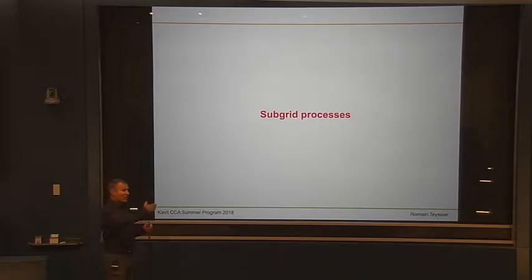But now there is this other class of problems, called subgrid processes, where sometimes you have to describe processes that are not even understood. We don't even have equations for that. Star formation, for example: Yves has explained the current picture of star formation. It's very complete and very impressive, but there is still a lot unknown there.